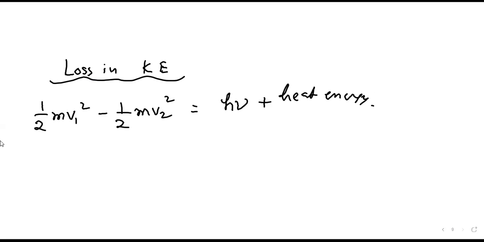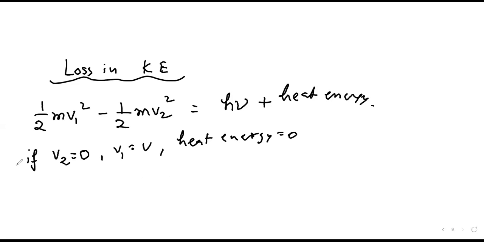Now, let's say this electron loses its full energy, that is, the energy loss is maximum. Then I will write v2 is equal to 0. And assume there is no heat energy, the entire loss in kinetic energy is converted into X-rays, so heat energy is equal to 0.